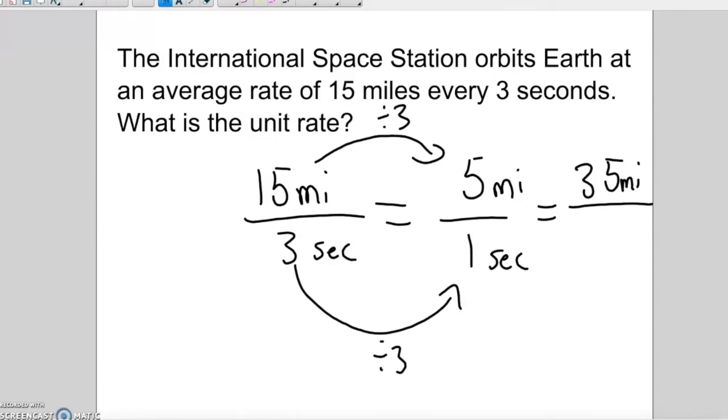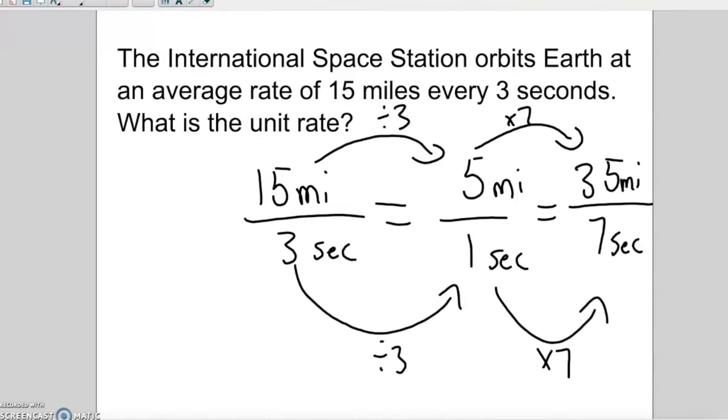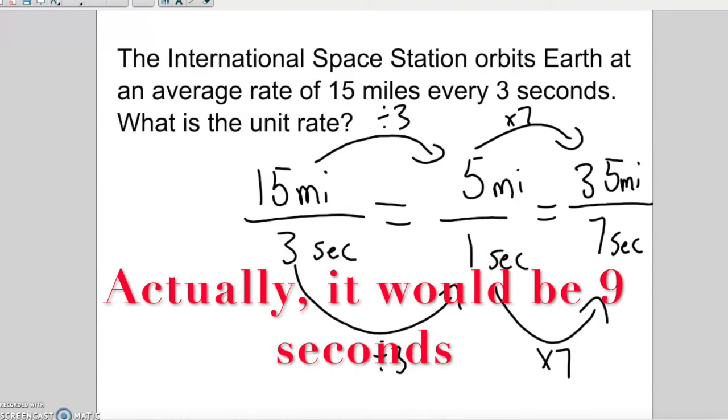So, how many seconds would it take to go from Preston to Rochester? How do you go from 5 to 35? That's times 7. What you do to the top, you do to the bottom. Times 7. 7 seconds. Now that would be pretty sweet, wouldn't it? Get to Rochester in 7 seconds? I wish.